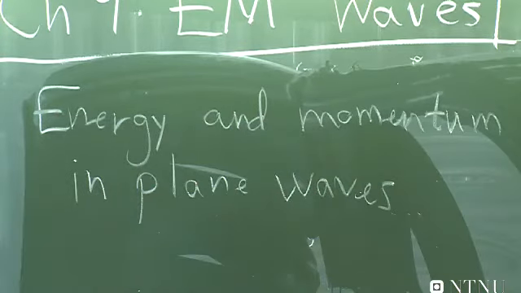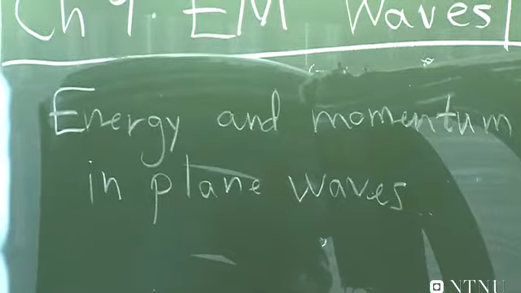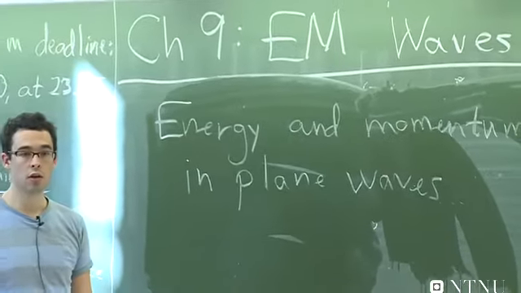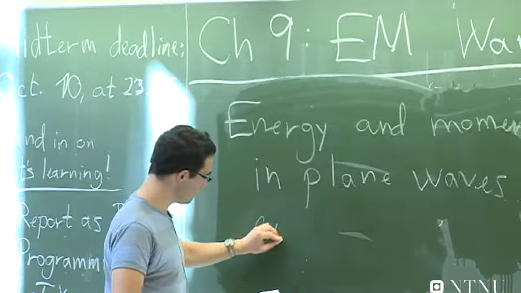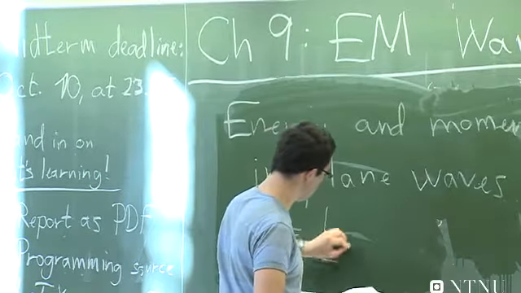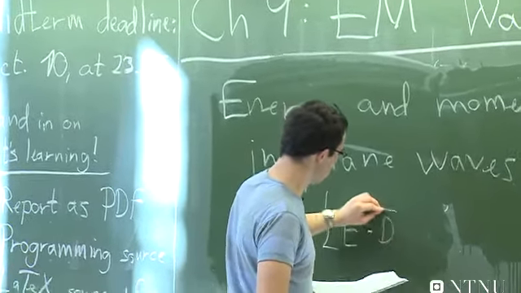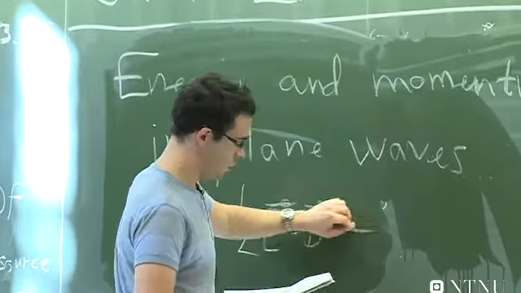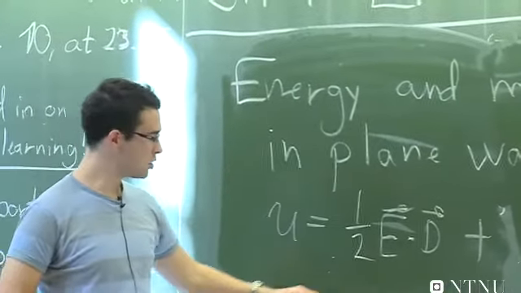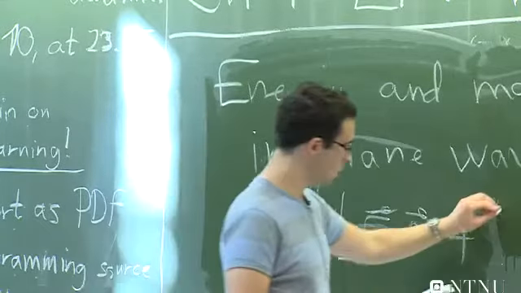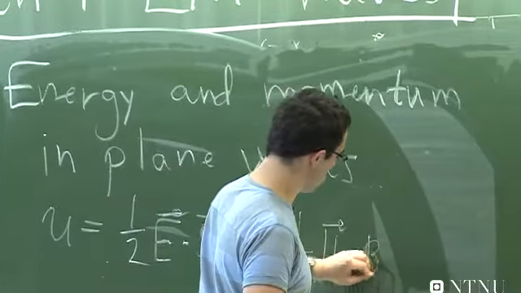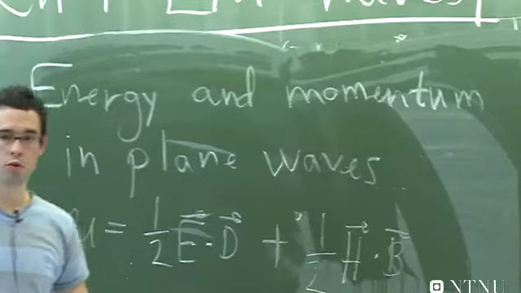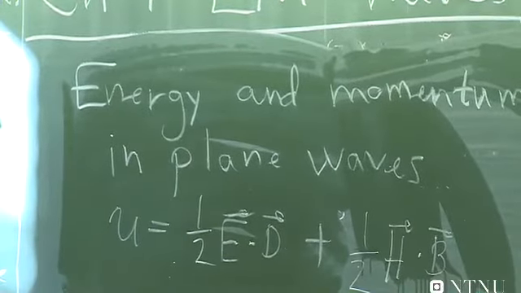Okay, and we showed in chapter 8 that the energy density in the electromagnetic field is equal to the following. First, there's a term that's essentially the square of the E field. And then there's a term which is essentially the square of the magnetic field.